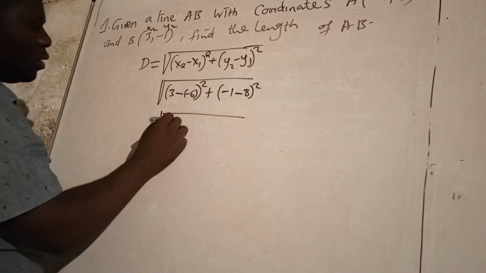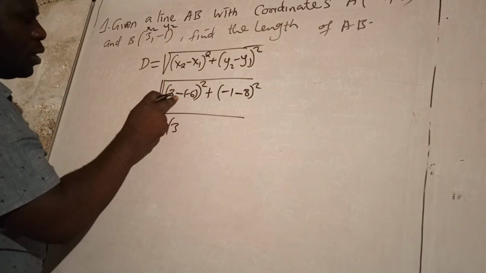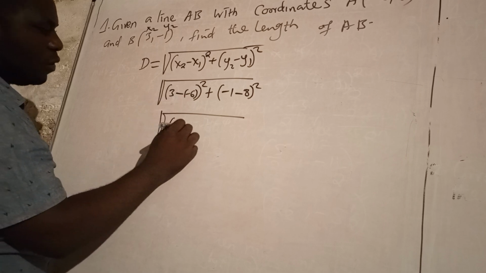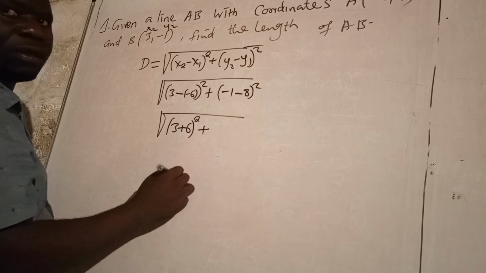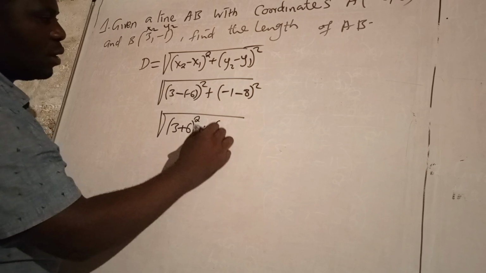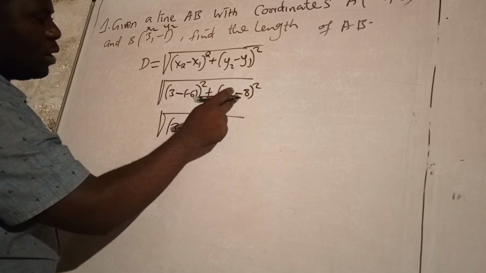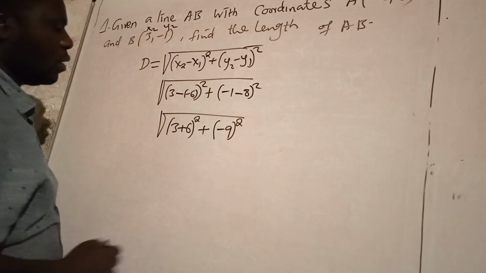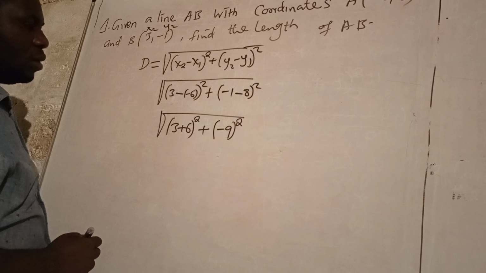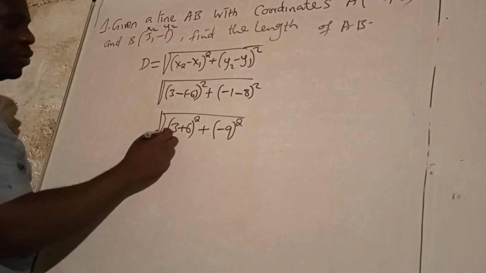I'll say 3 minus -1... negative, positive 6 to power 2 plus, then again here, -1 minus 8 is -9, then squared. Good. Then I'll continue.